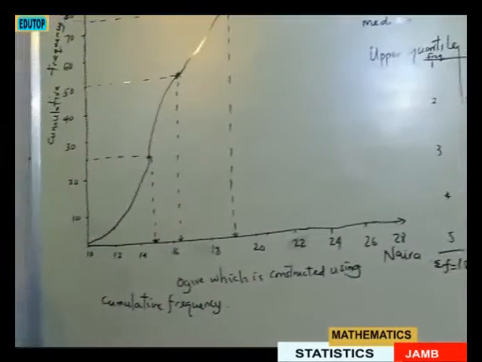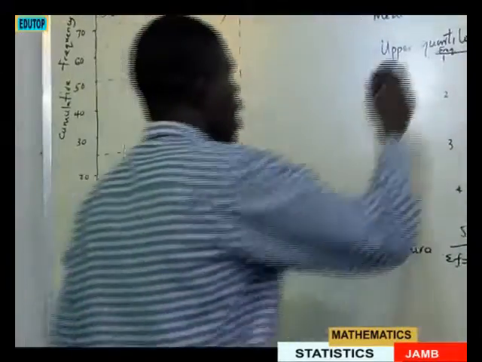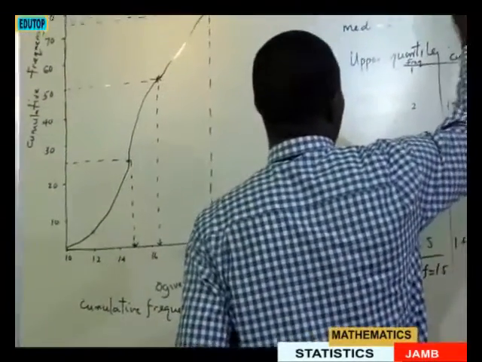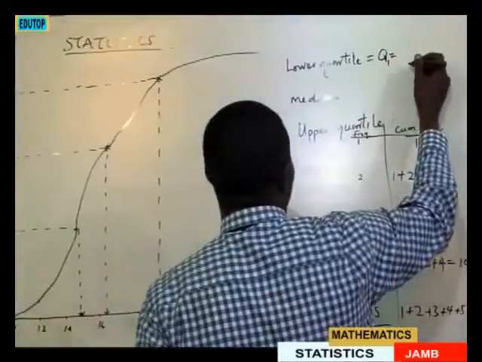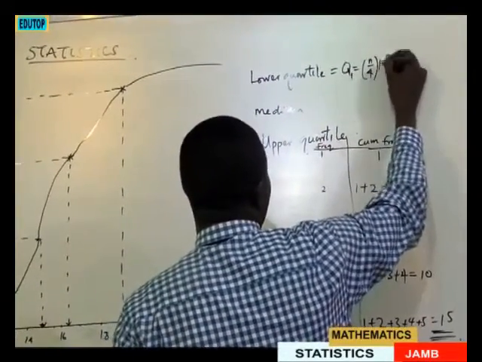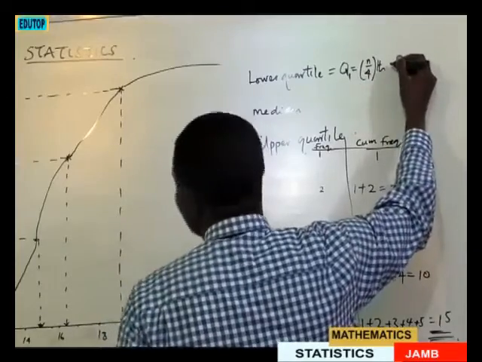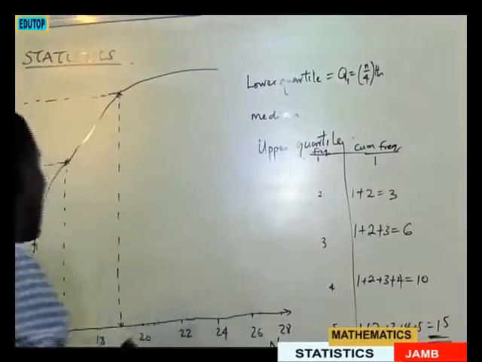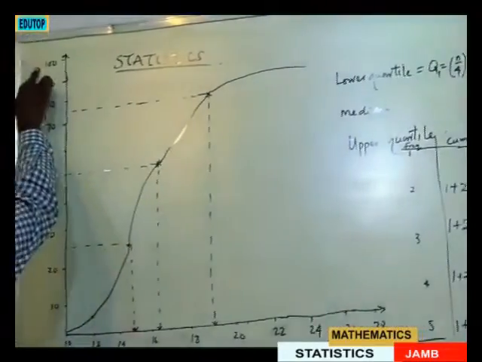our lower quartile is given as Q1, and the formula is N over 4 th item. In this regard, what is our maximum cumulative frequency? 100.